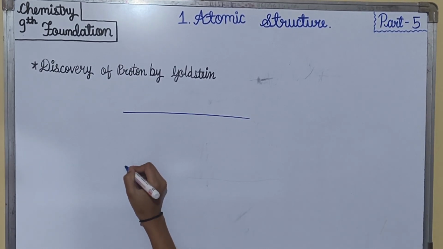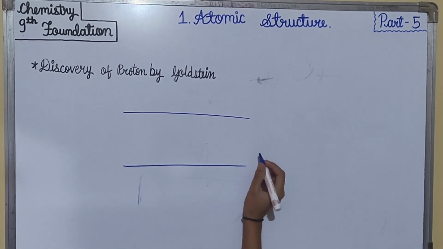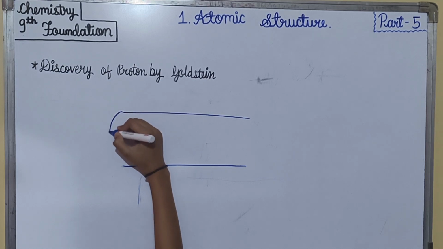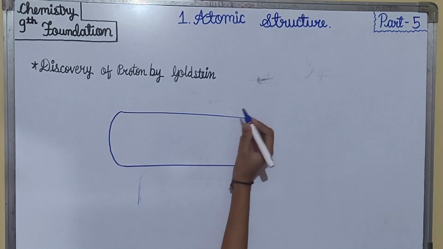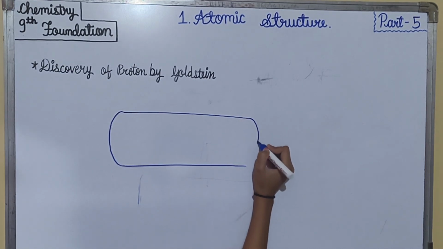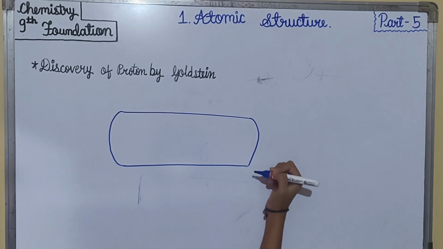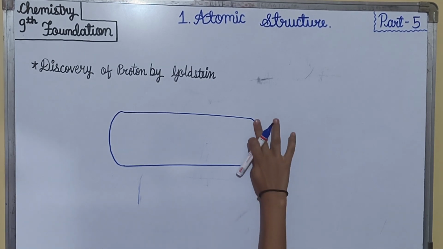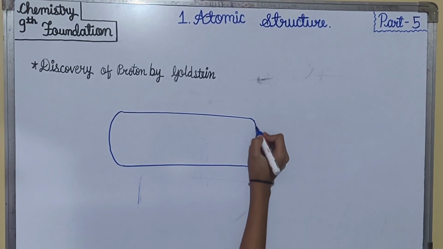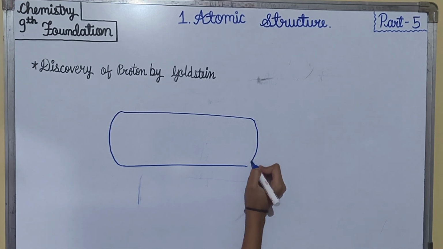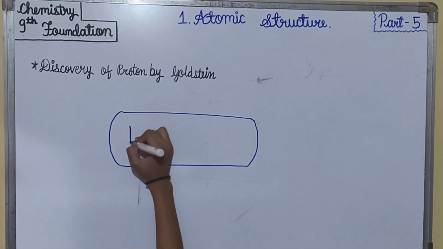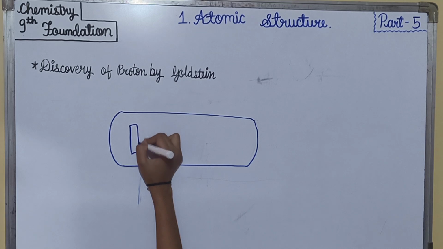This was the discharge tube, and Goldstein made holes on this cathode plate.